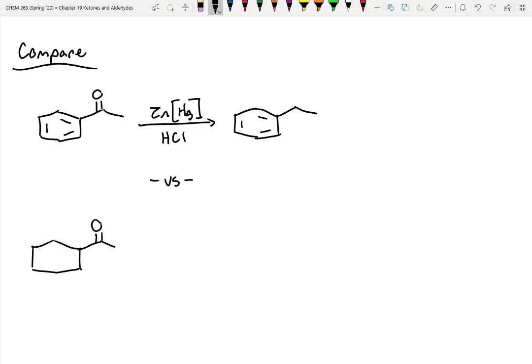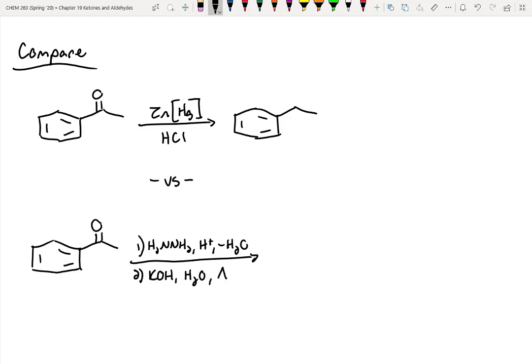All right, this one underneath can do the same reaction, but this time I'm going to treat it with hydrazine. I'm going to treat it with my acid. Let me make this arrow a little bit bigger. And I'm going to remove water from the reaction. Step 1 is to make that hydrazone intermediate. And then step 2 is to treat it with potassium hydroxide, water, and heat.